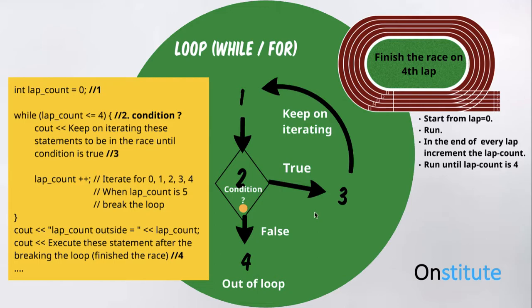However, unlike the branch control structure where the selected path is executed only once, in loop control structure the program keeps on iterating over the selected path again and again until the condition is false.